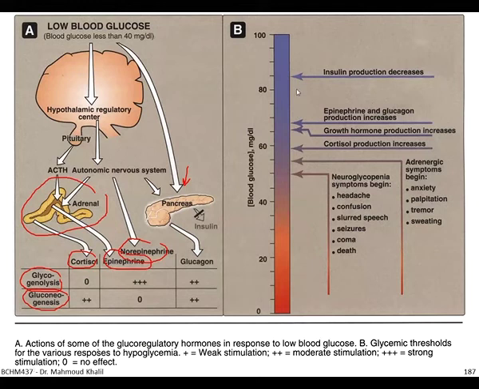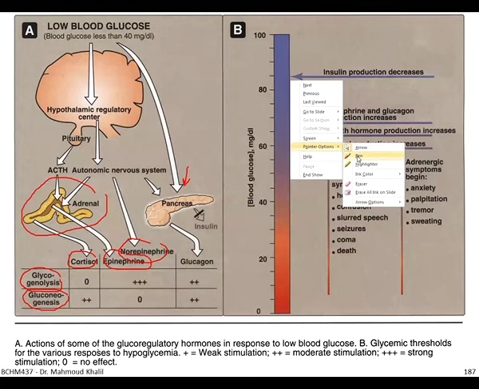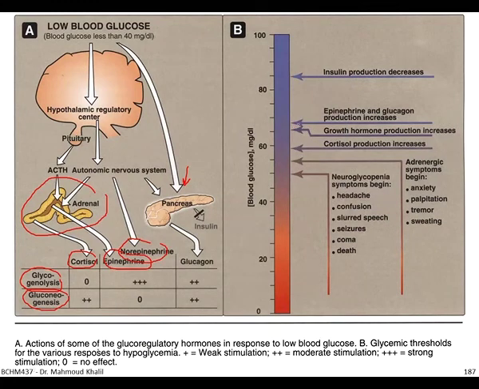Once it starts to go low in concentration in the blood, this will promote the action of epinephrine, and the glucagon is increased. The blood level is still not critical because it's still in the blue zone. If the concentration goes low again, around 65 or so, the growth hormone production increases. If it goes around 60, you can see that the cortisol production starts to increase.